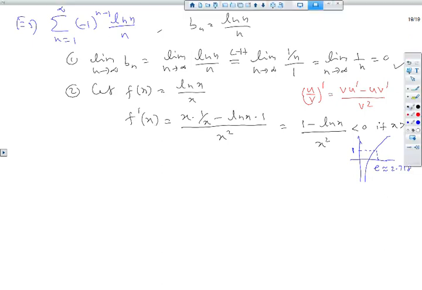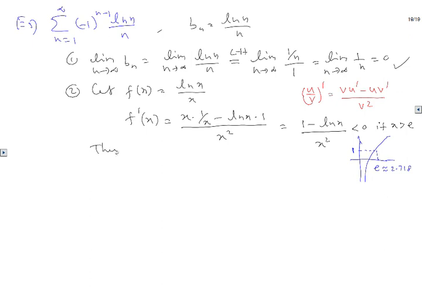So thus you can say the corresponding function b_n is decreasing for n greater than or equal to 3, because e is 2.7.